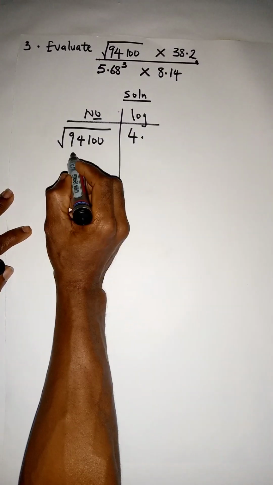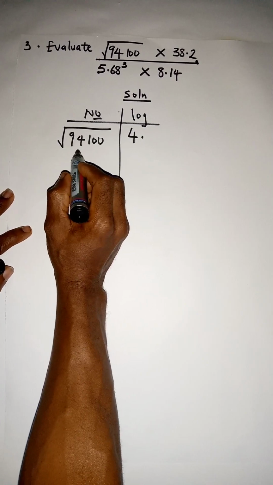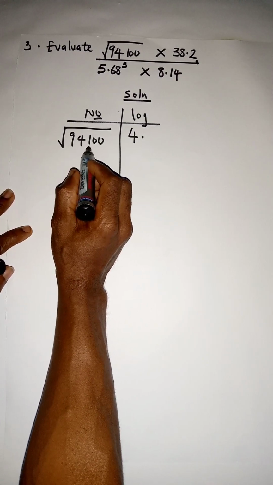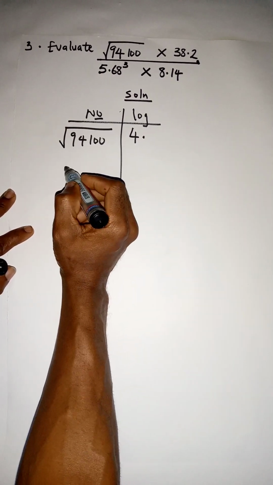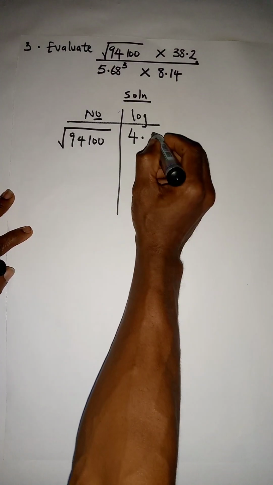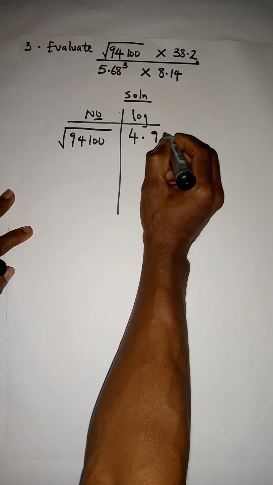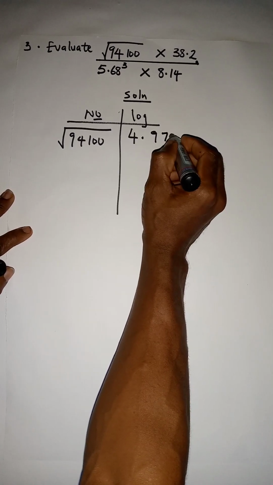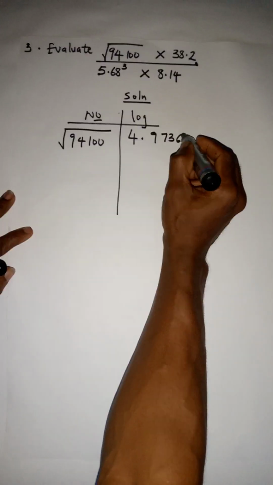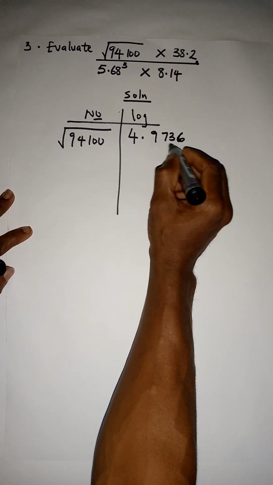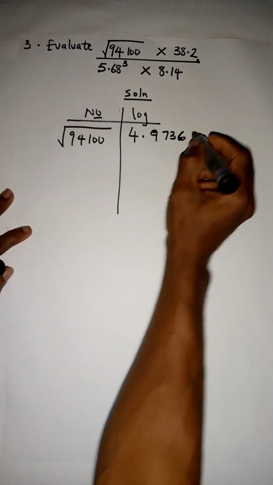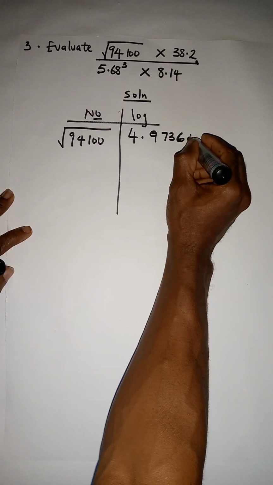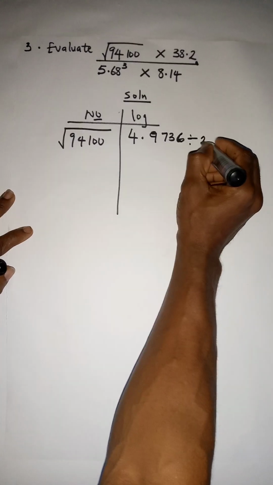Now what is the logarithm of 94 under 1 difference 0? No difference 0. So we're going to look at 94 under 1. That will give us 9736. So the logarithm of this number is 4.9736. Because of the square root, we are going to divide the number by 2.